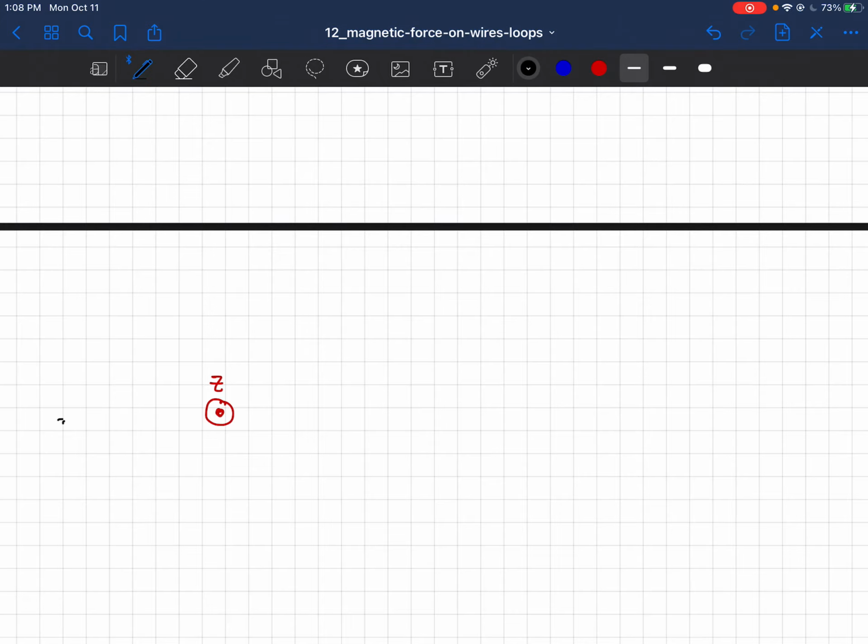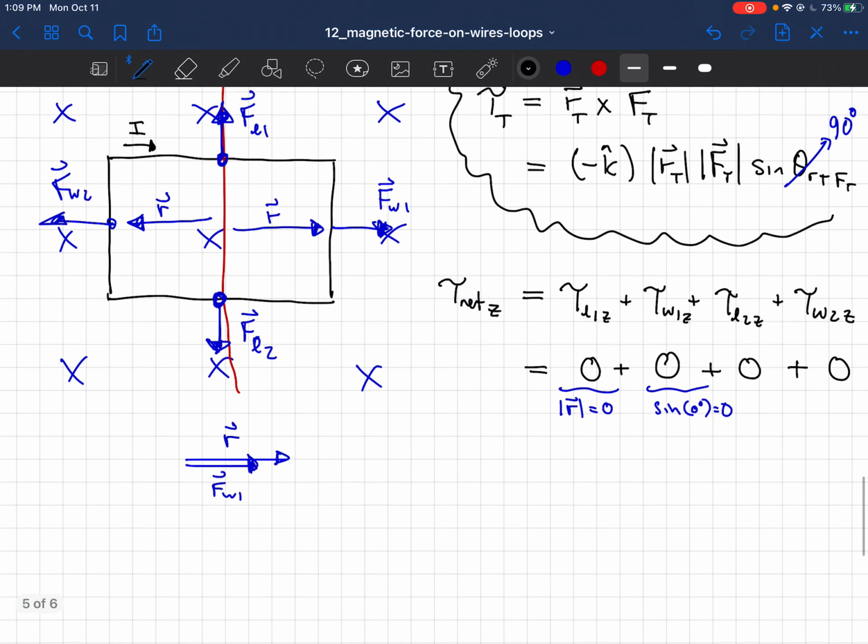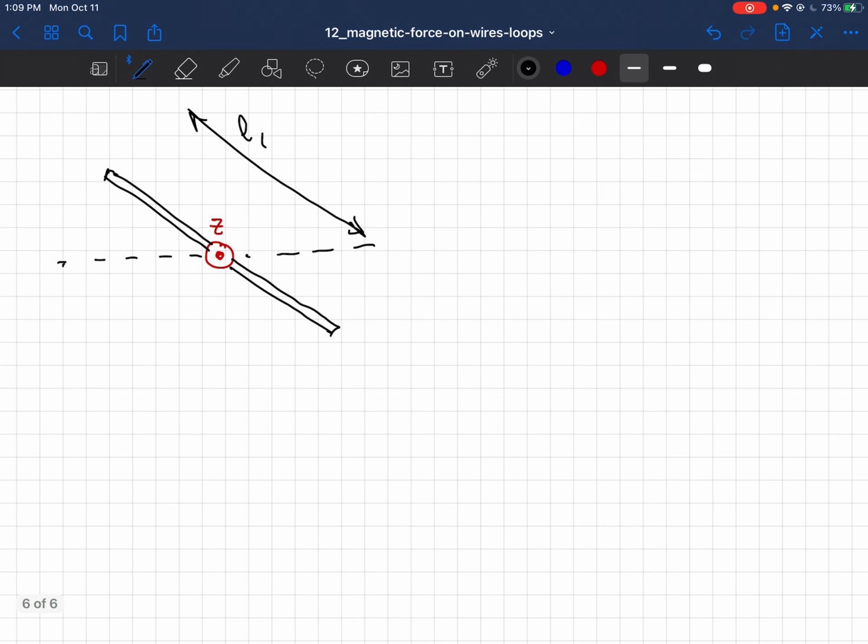So my loop, in profile, is going to look like this. We're looking at L1, the top of the wire loop. L2 is behind it, and the direction of the current across the top of the loop, we said, was to the right, so it's going to be moving like this.